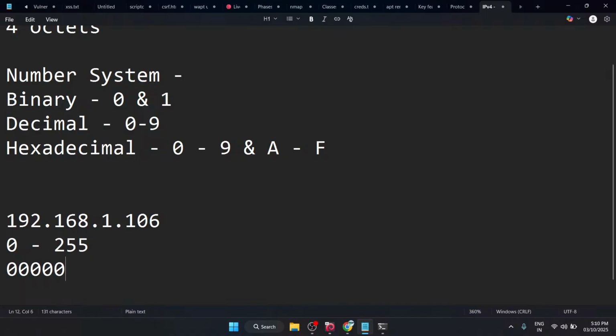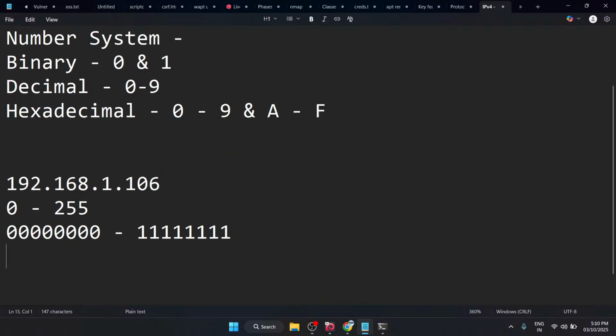Either way, 0 is 0 anyway. But for 255, it is 8 times 1. So in binary, 0 is 8 times 0 and 255 is 8 times 1. Each octet ranges from 0 to 255, and that is what it looks like converted into binary.